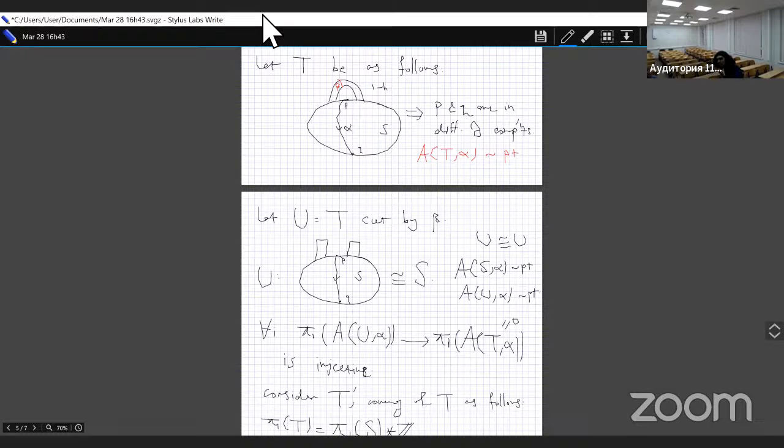This probably doesn't happen here because all surfaces have negative Euler characteristic, but this needs to be checked.